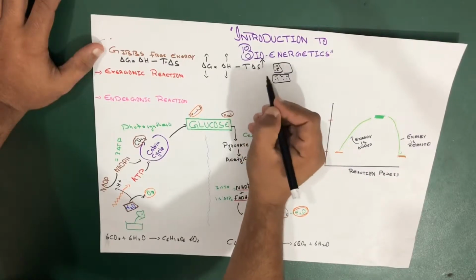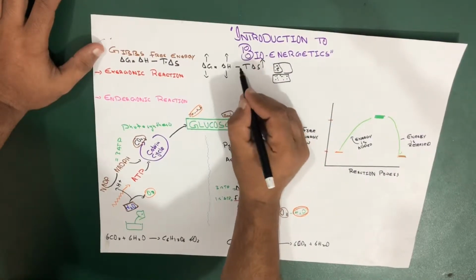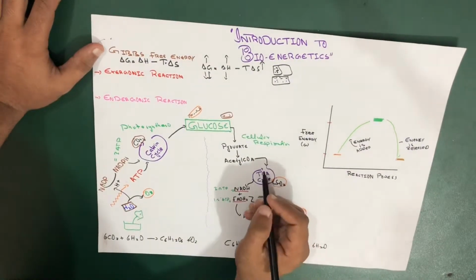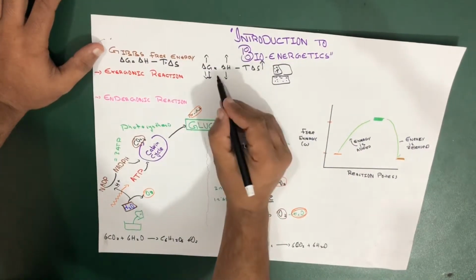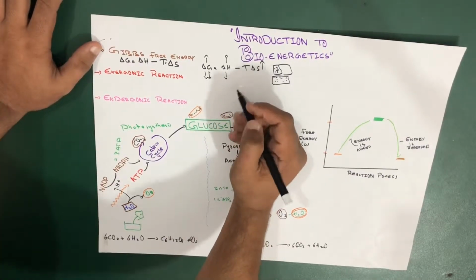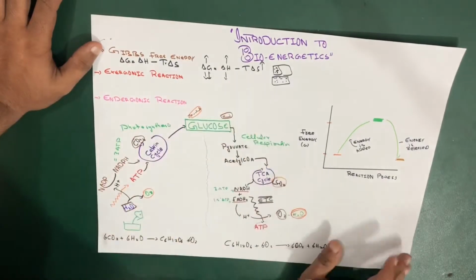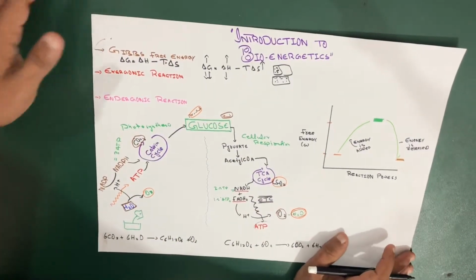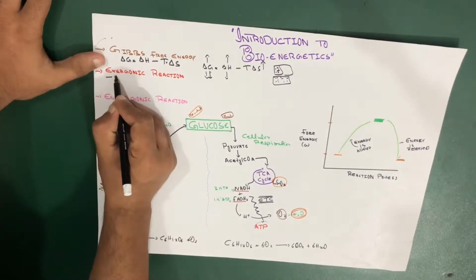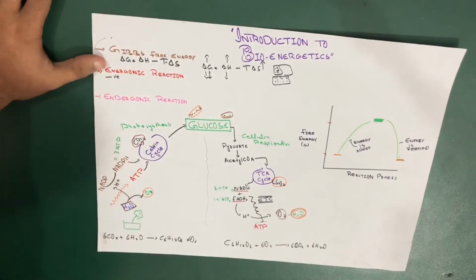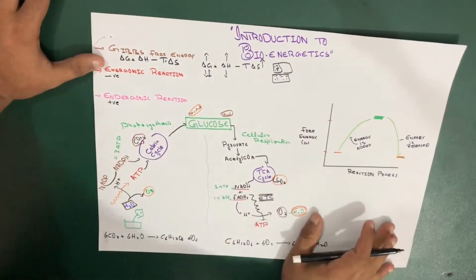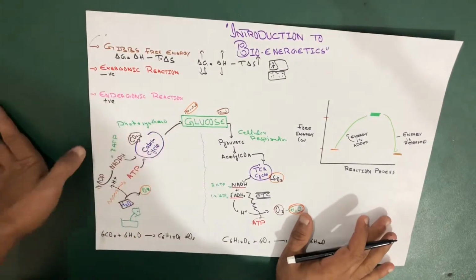Since this term is subtracted, if it is increased, the delta G goes in the minus direction. If the Gibbs free energy is negative, it's an exergonic reaction because it's going to release energy. But if it's going in the positive sense, it's an endergonic reaction.